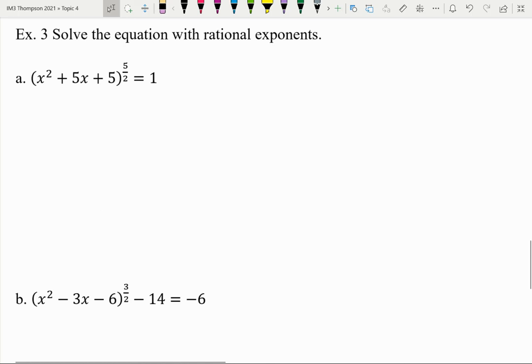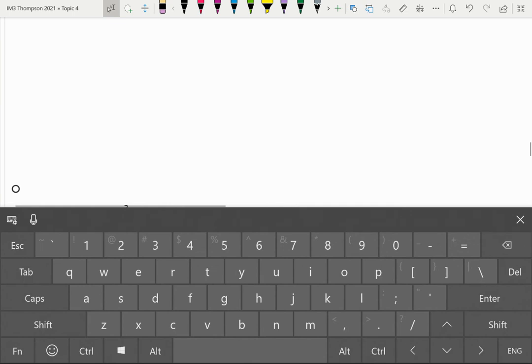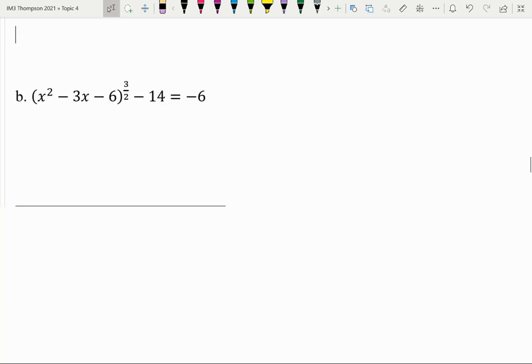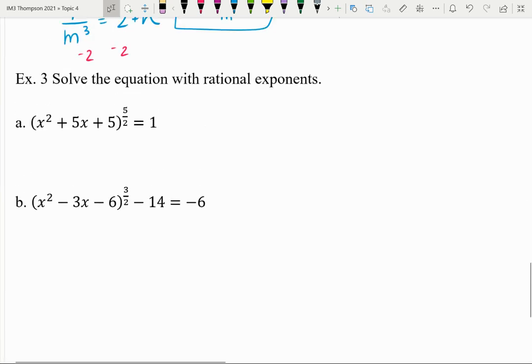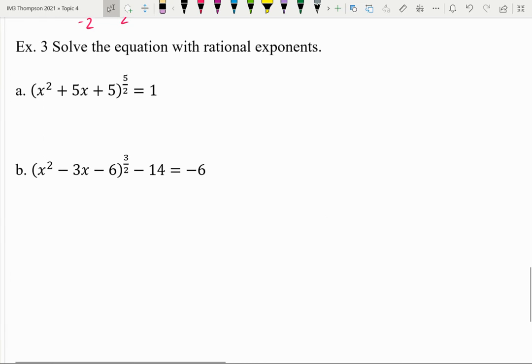Let me move it up. So this isn't any new skills, but it's another good practice problem.